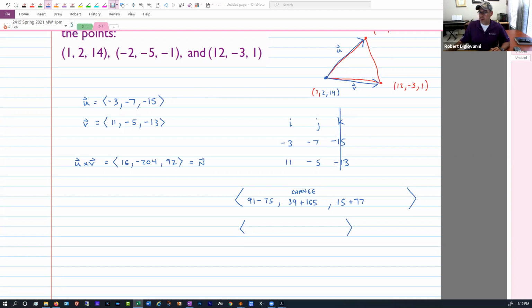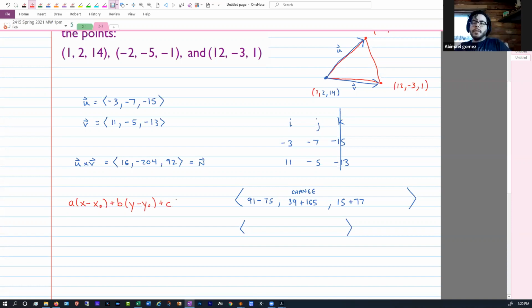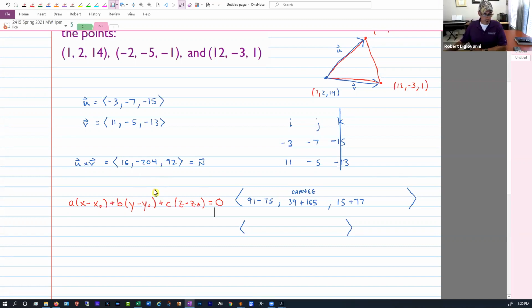Now we write the equation. So why don't we just go ahead and jot down what the general form is. Right, this is the linear form of the plane right here. Okay, so that's the general form. And this vector, the cross product, represents our A, our B, and our C. And so all we need now is the x naught, y naught, z naught.